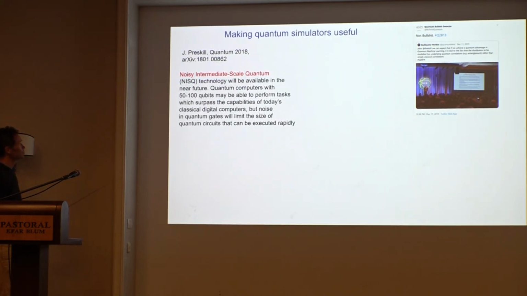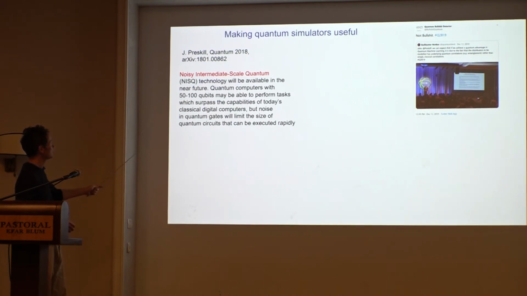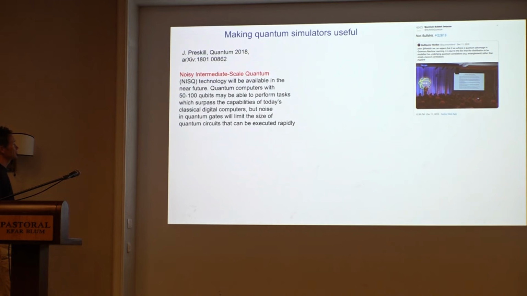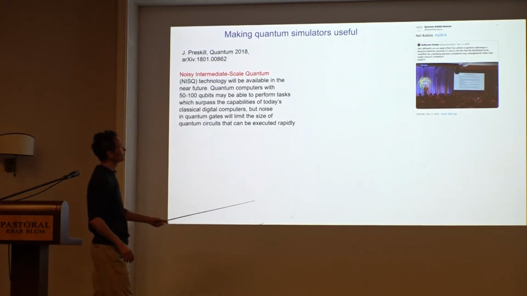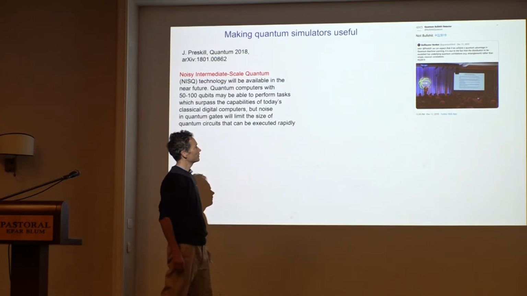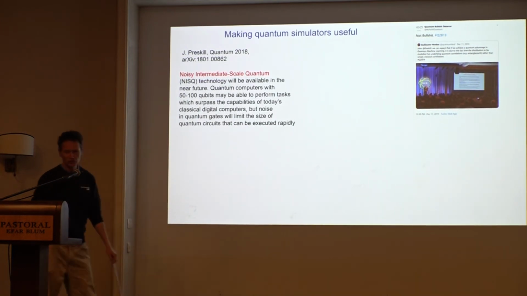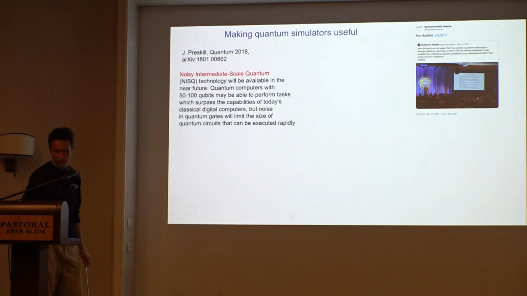Here I'm motivated by a comment made by John Preskill, who suggested that while we can debate whether quantum technology is useful to solve classical optimization problems, it's very likely to have an impact on problems which are intrinsically quantum. And probably many of you know the quantum bullshit Twitter, so this was ranked as a non-bullshit comment.